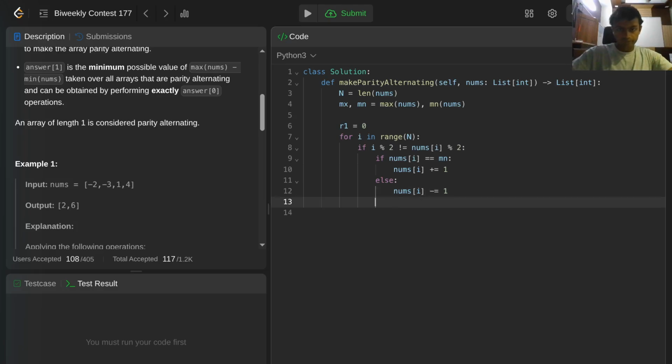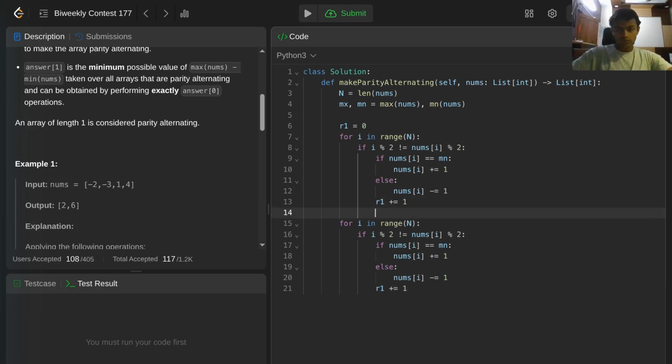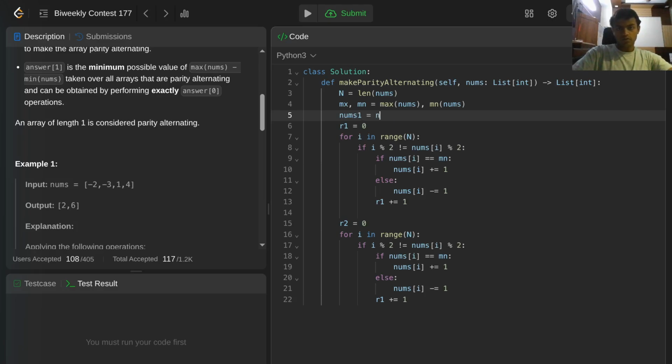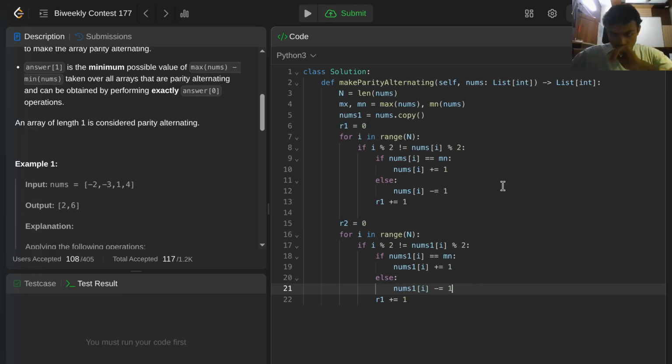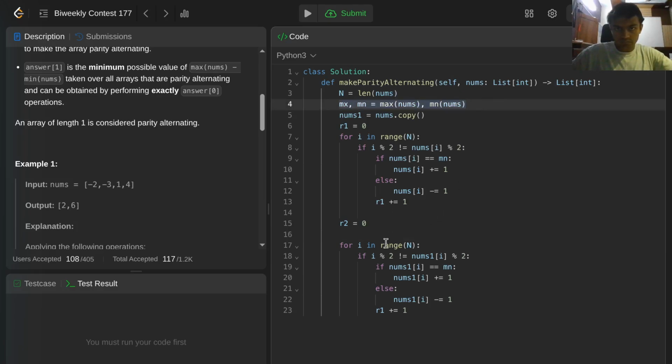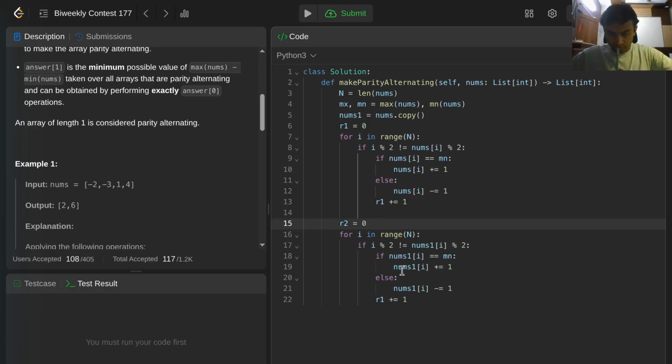R1 plus equal to 1. Okay, so if nums of I is equal to m, here we don't want it to be equal, then increase, if it's decrease, R2 plus equal to 1.